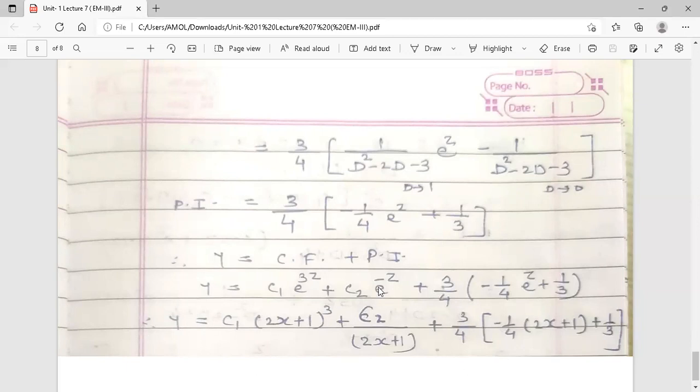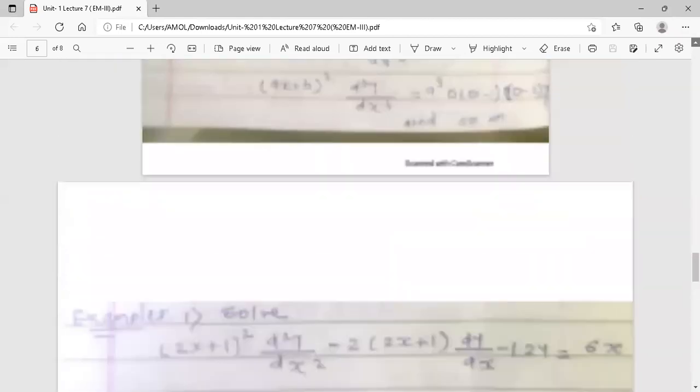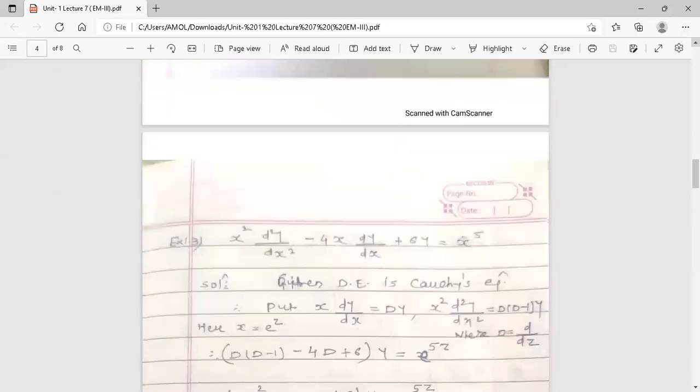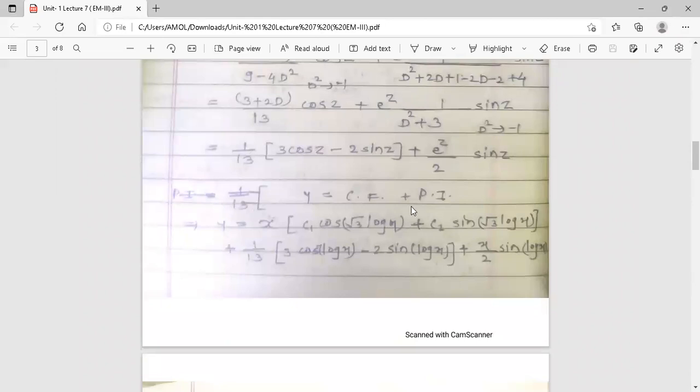So this is the solution for Legendre's equation. Similarly, you have to replace the terms of z by the substitution, in terms of x. In Cauchy's equation also, we have solved one example, and in that equation also you have to replace at the end. So y is equal to CF plus PI, and every term in your solution is in terms of x and y.